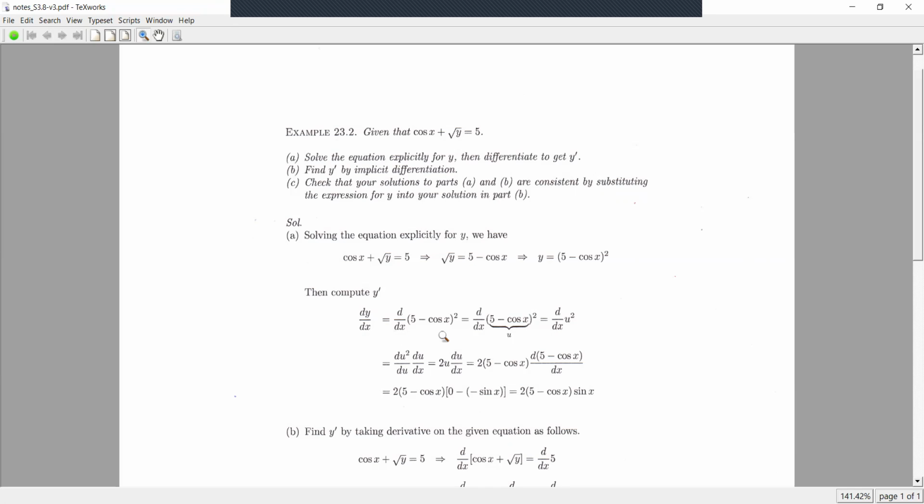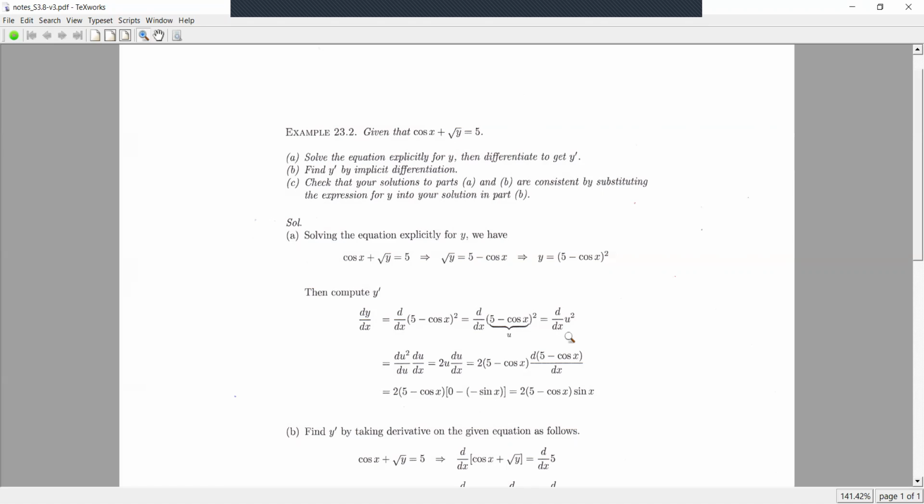But here, let me use the chain rule to compute the derivative. Let u be 5 minus cosine. Then the function becomes u squared. Now, we need to compute this derivative. In this derivative, u and x are different, so this derivative cannot be computed directly.